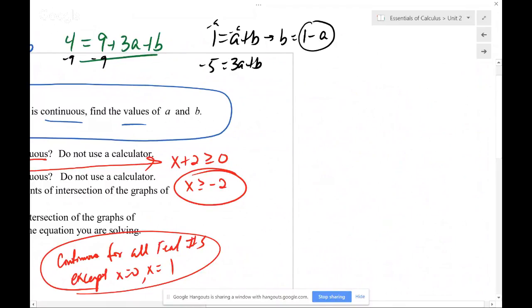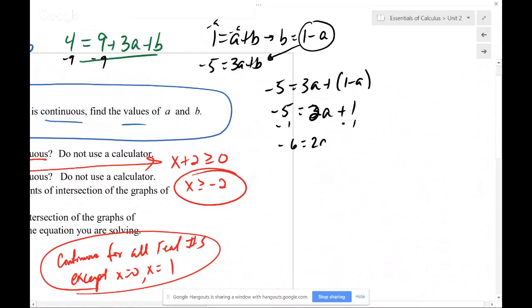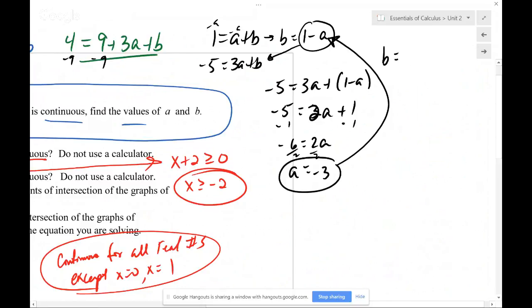Then they plug it in here, so they get negative 5 equals 3A plus 1 minus A. And you get 2A plus 1, subtract 1, 2A, A equals, divided by 2, negative 3. So there's A, and then you plug it back up here, and you get B equals 1 minus negative 3, which is going to give you 4.